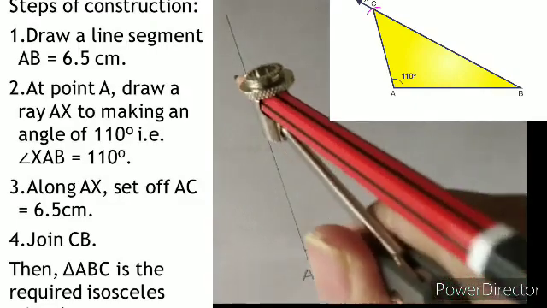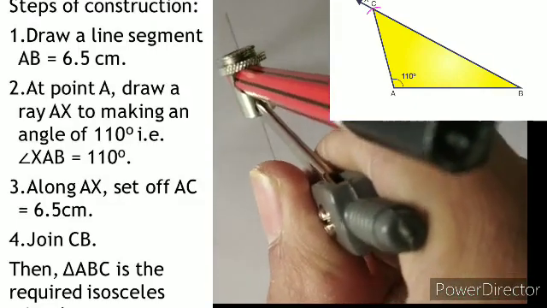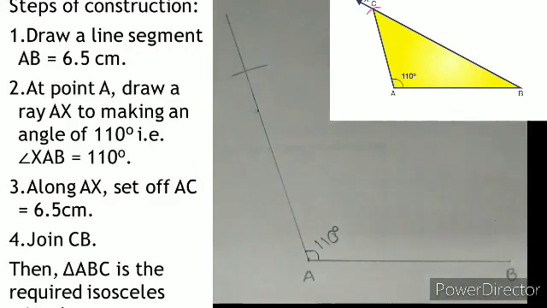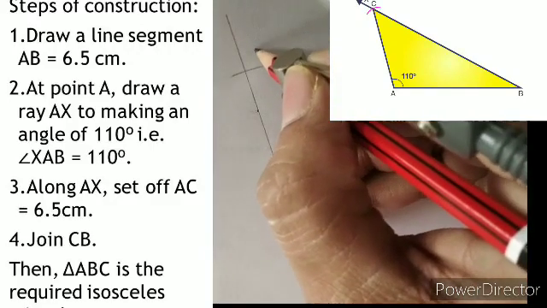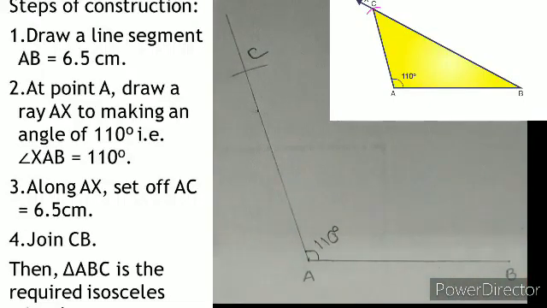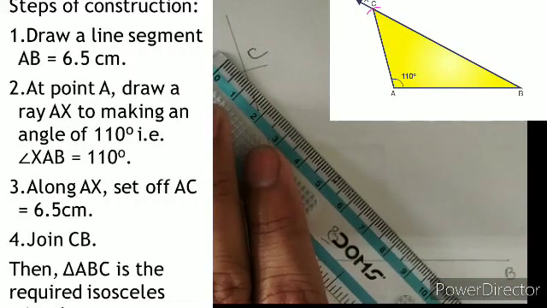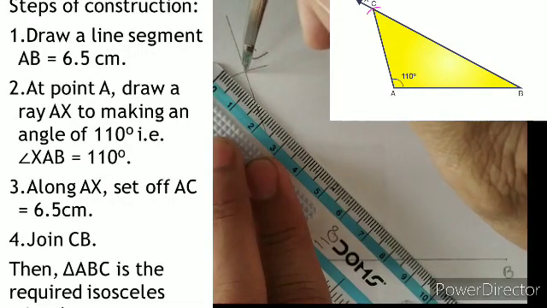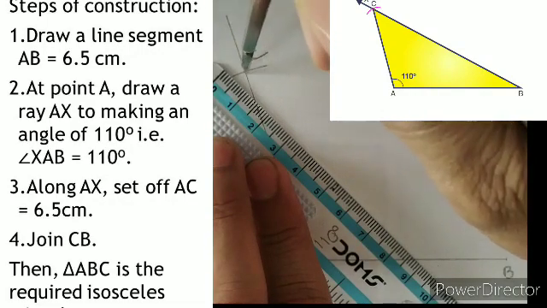Okay, draw an arc to get point C. Now join BC, and then our triangle ABC is ready, which is our required triangle.